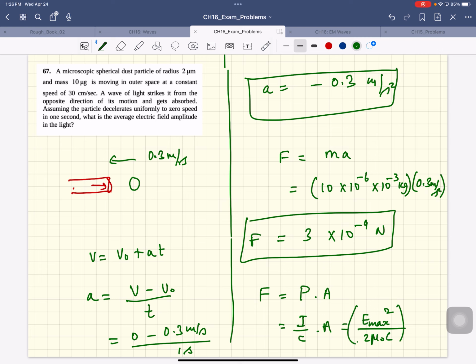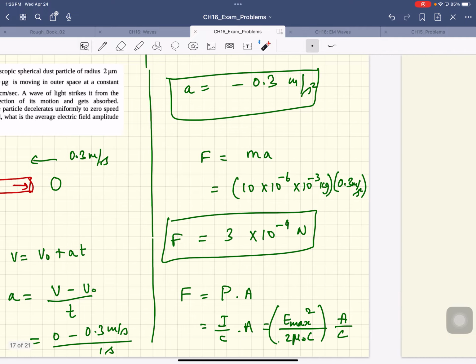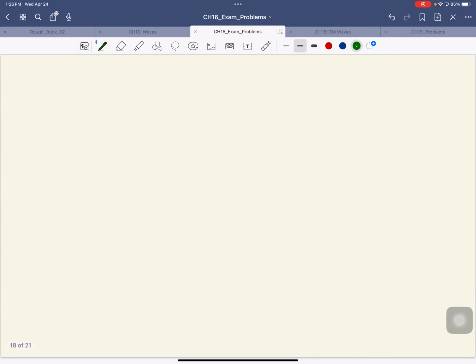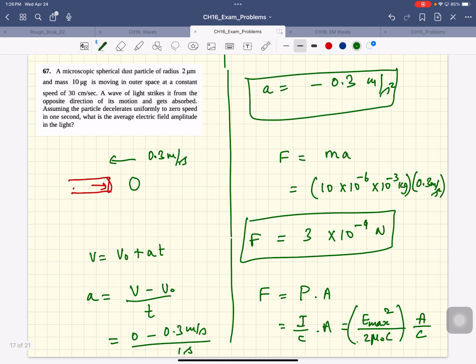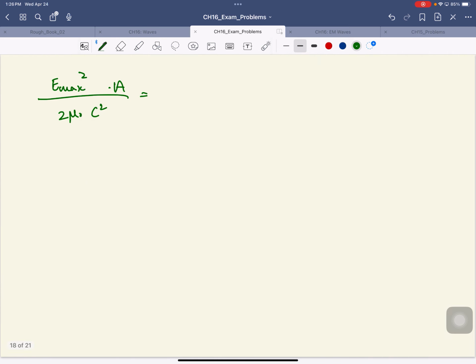So that's the intensity, divided by c, times the area A. Now we can calculate this. So E max squared over 2 mu naught c squared, times A, is equal to the force, 3 × 10^-9 newtons.